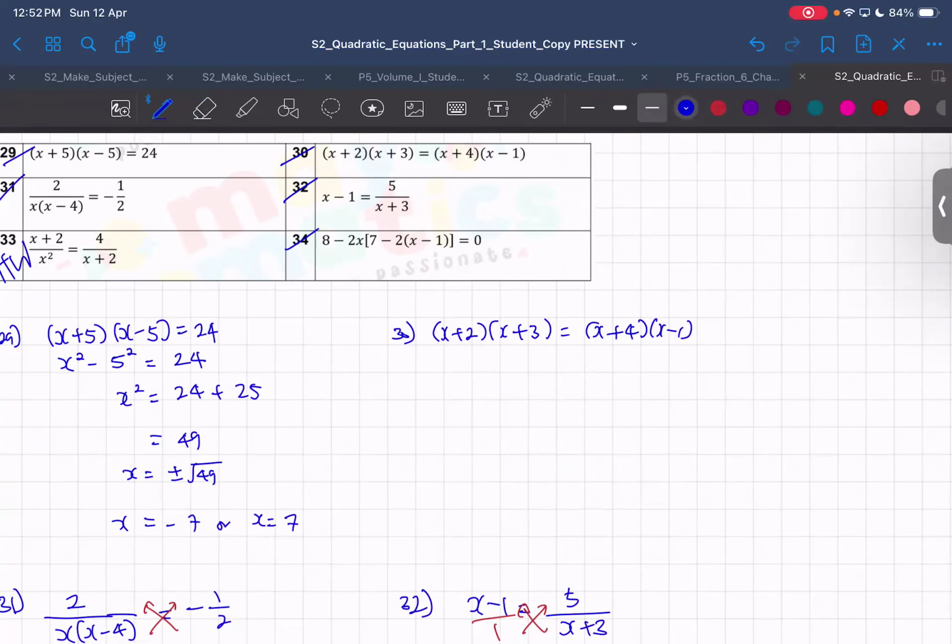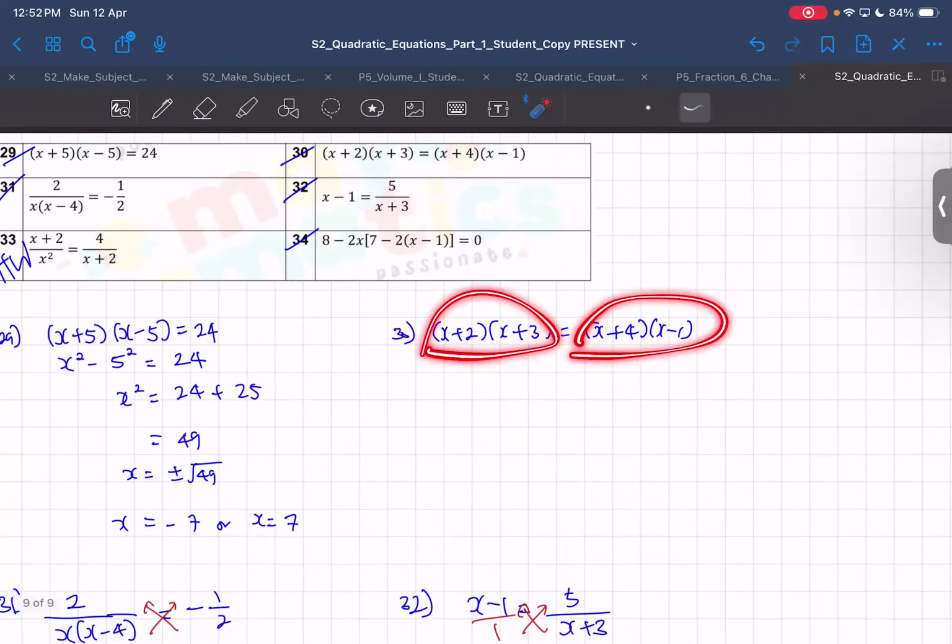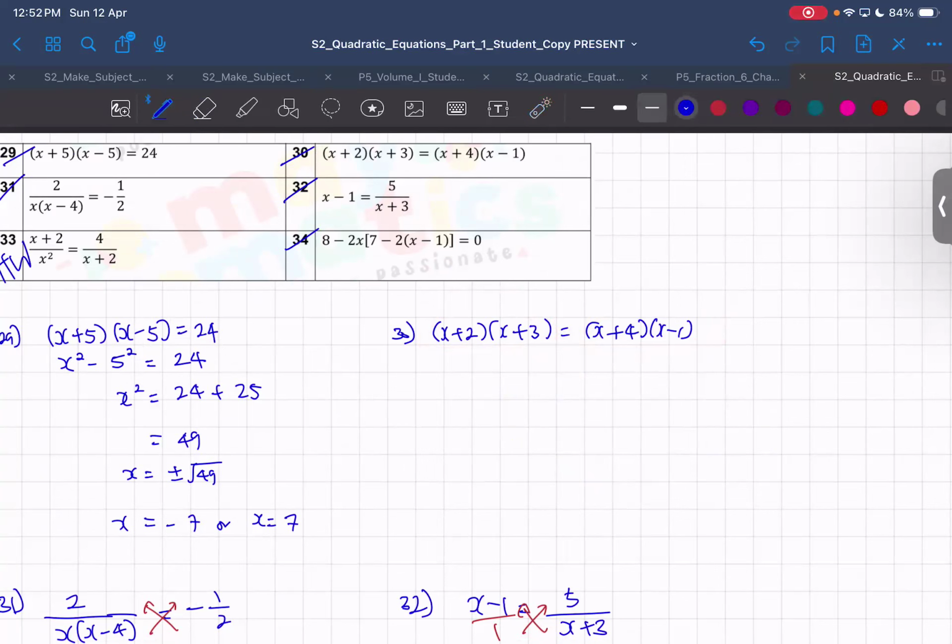Okay, come, 30. Number 1, we check. Can we do any algebraic identities here? Cannot, right? So we can only expand. Okay, expand.